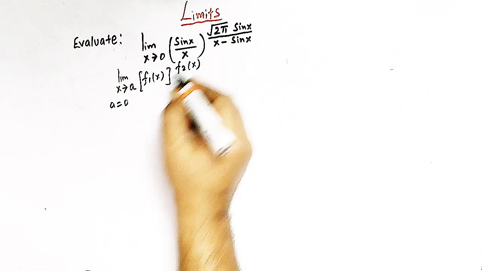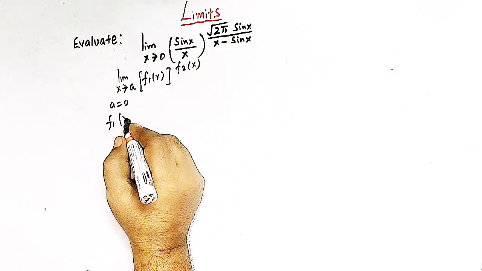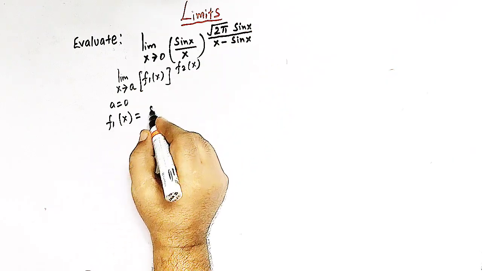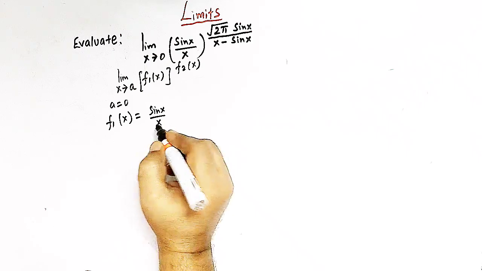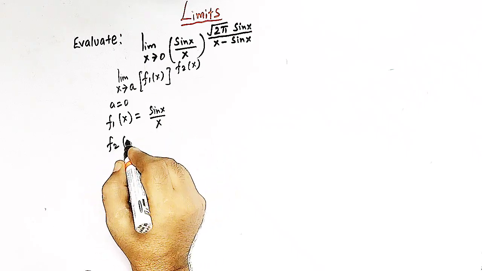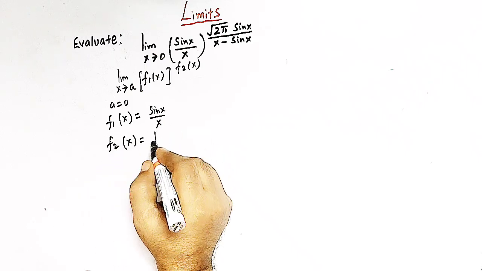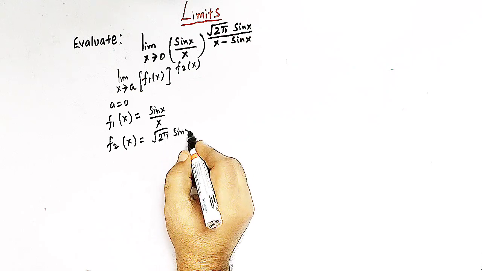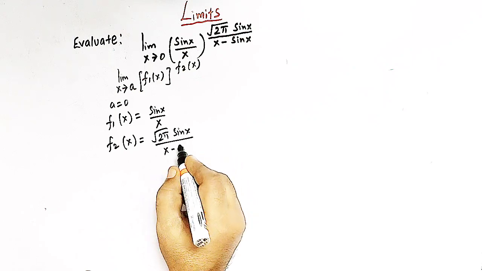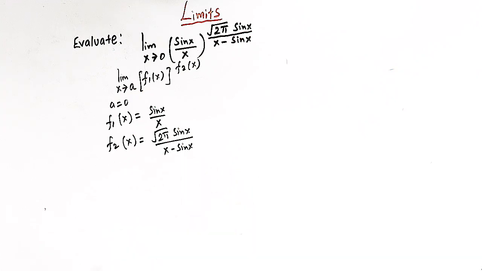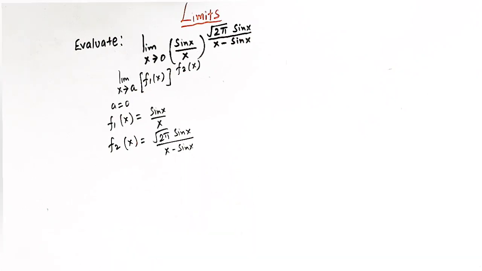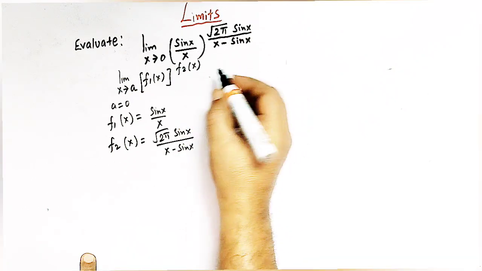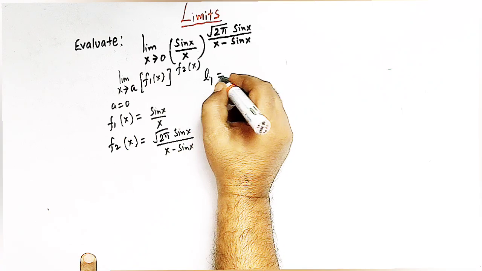Comparing this limit with this one, the function f1(x) is given by sine x over x, and f2(x) is given by square root of 2 pi sine x divided by x minus sine x. So now let us find out the value of the limit L1.